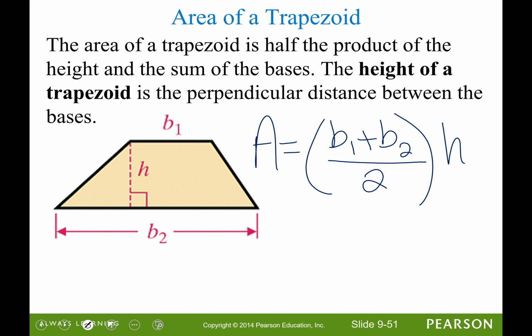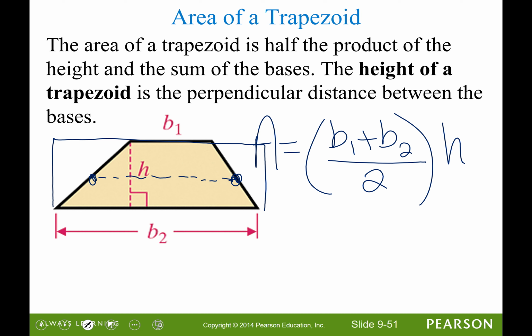I just want to point out one more thing before we go on. The average of those 2 base lengths would be like this length here. There would be the length of the average of the 2 bases, and then multiplying that by the height. It is working with a rectangle again, hence the base times height part.